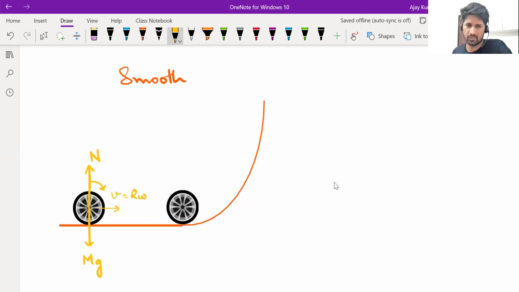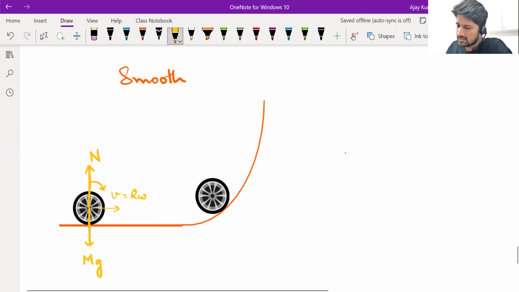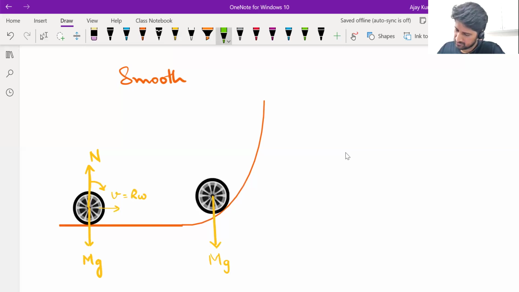There's no horizontal component. Okay, imagine it somewhere on this inclined part. Once it reaches this inclined part, the direction of normal force changes. mg continues to act vertically downward, let it be. But that also matters actually. mg acts vertically downward. Normal force acts perpendicular to the surface, means it acts like this. Okay.